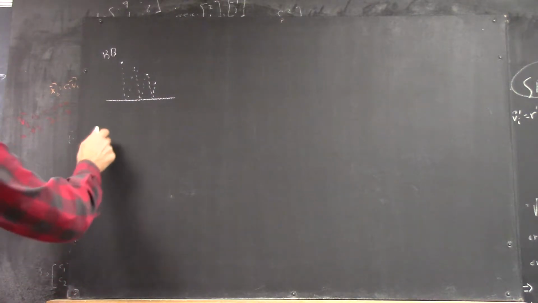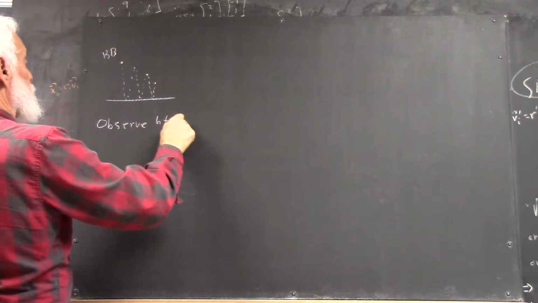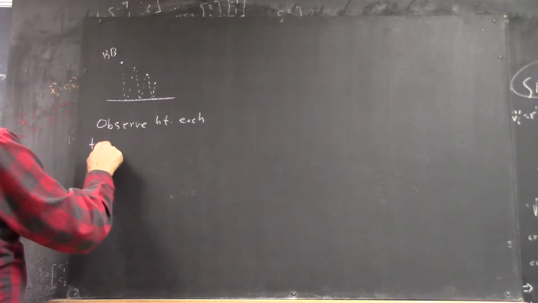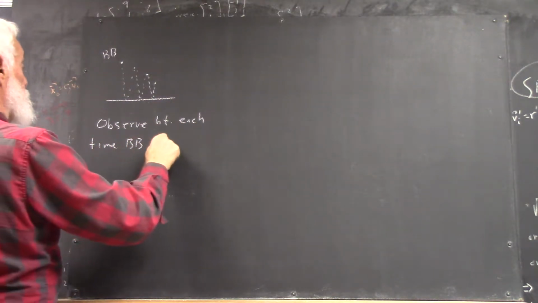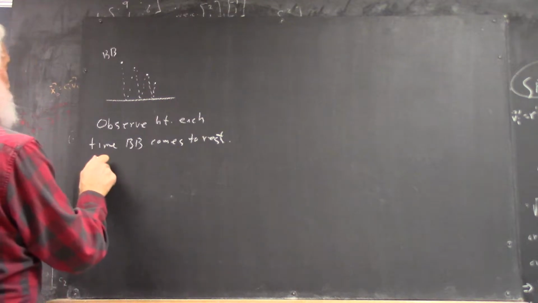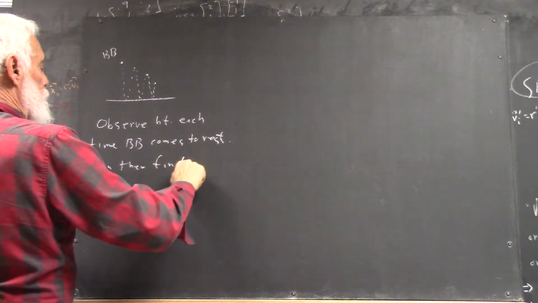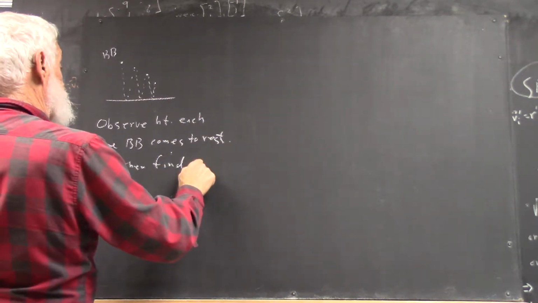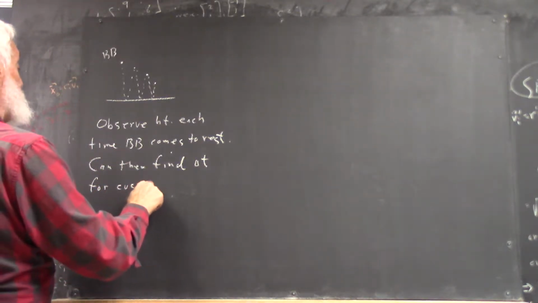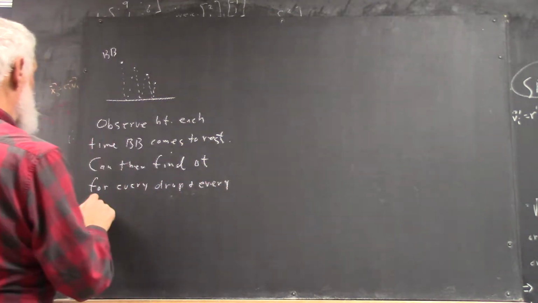So if you observe the height each time the BB comes to rest, you can then find the time interval for every drop and every rise.